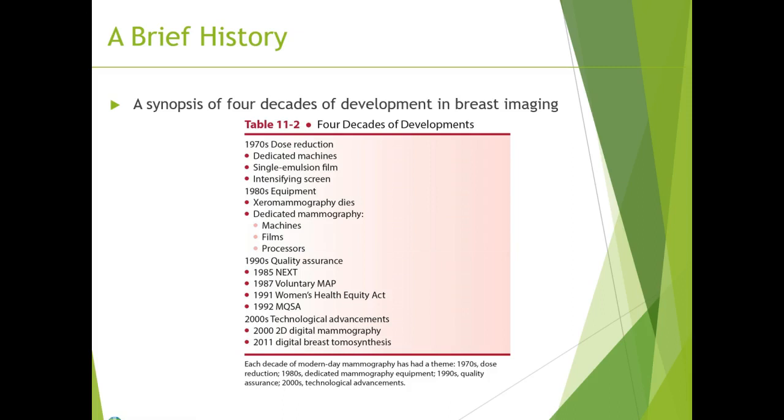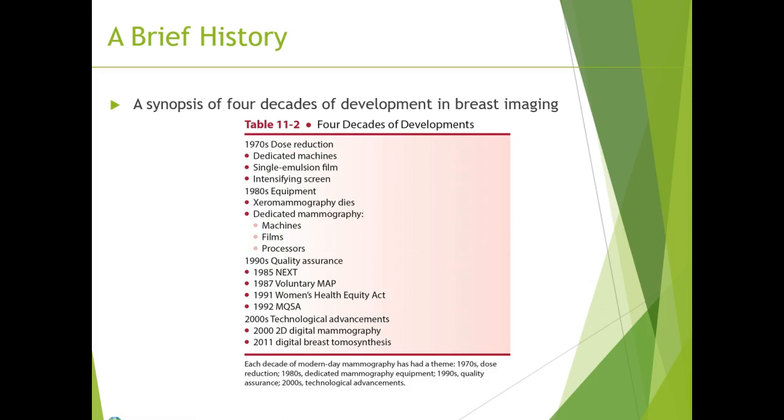And this was all made possible by the work by the voluntary MAP, Women's Health Equity Act, MQSA, and so forth. And then in the 2000s, where we are today, we're seeing the technological advancements with 2D digital mammography when we moved from analog to digital, and now into the world of breast tomosynthesis, which we call 3D mammography.